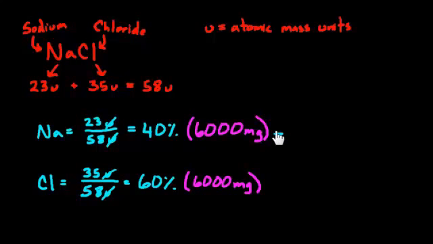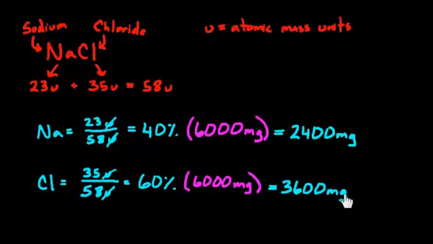So the sodium gives me 40% of 6,000, which when you multiply those two numbers, you get 2,400 milligrams of sodium, and 60% times 6,000 is 3,600 milligrams of chloride. So now I know in each teaspoon I have 2,400 milligrams of sodium.